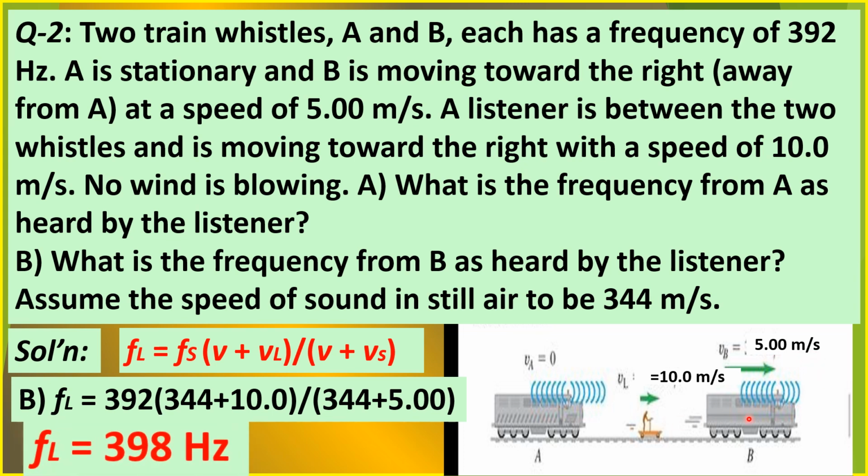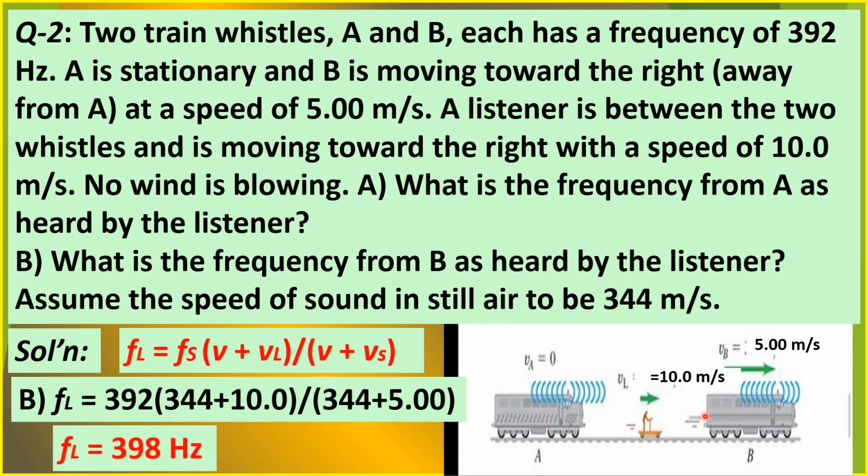So in other words, as time passes, the listener becomes closer and closer to the source whistle B. And we expect that the frequency or the pitch of sound that he observes will be higher than the actual frequency of the source. Right? 398 hertz is higher than 392 hertz.